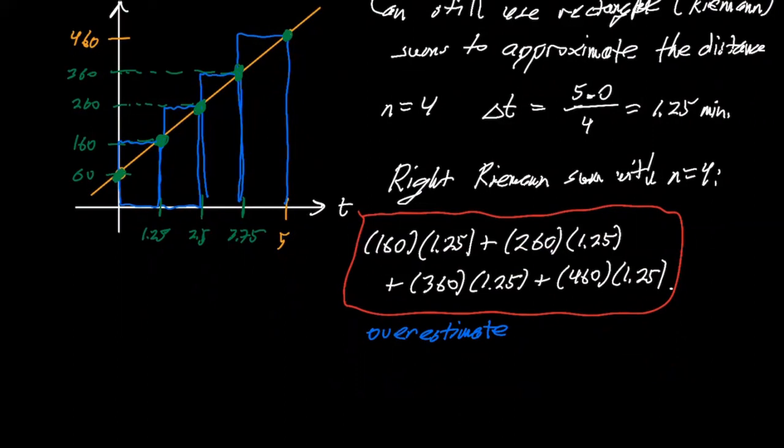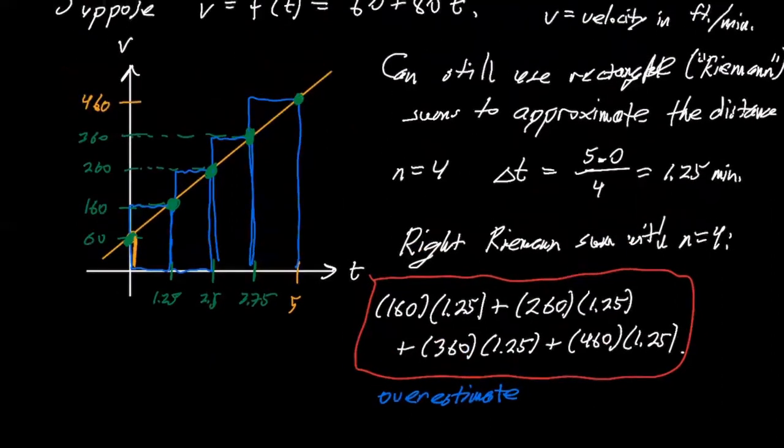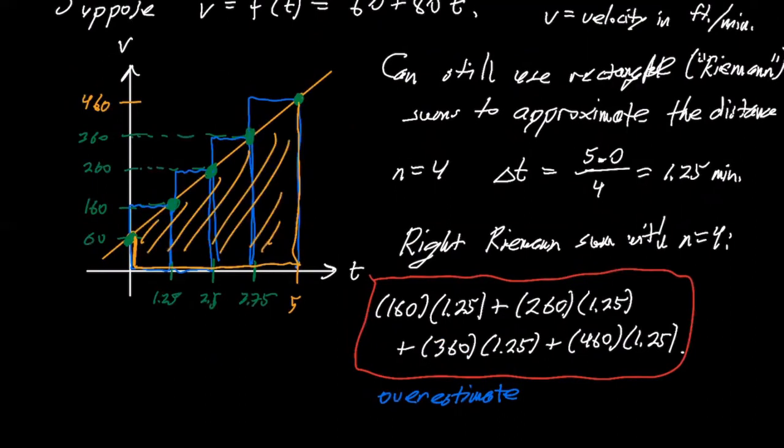So in fact, let me just try to draw on this picture. We know that this area right here is really what we're trying to compute, right? And if you think about it, because it has all straight line sides, we can actually break this up into a rectangle and a triangle, right?